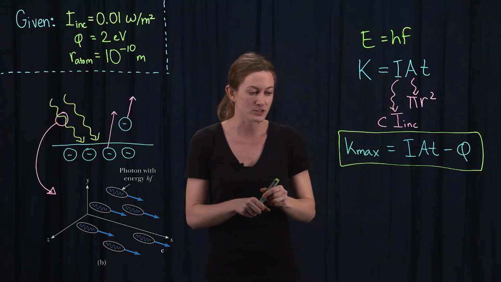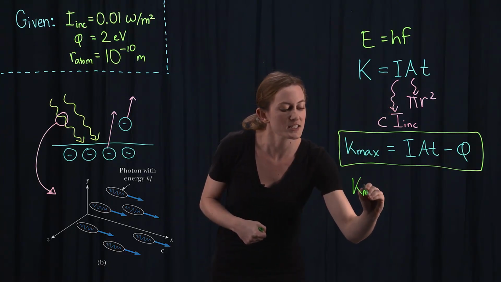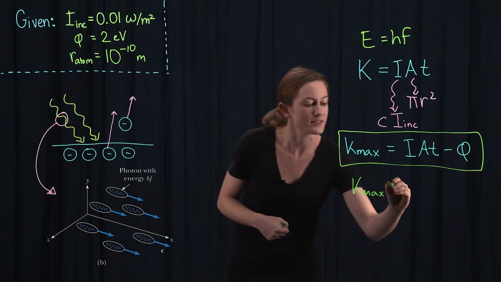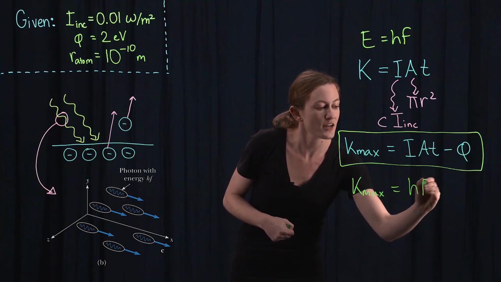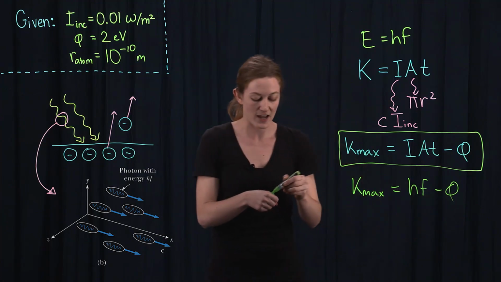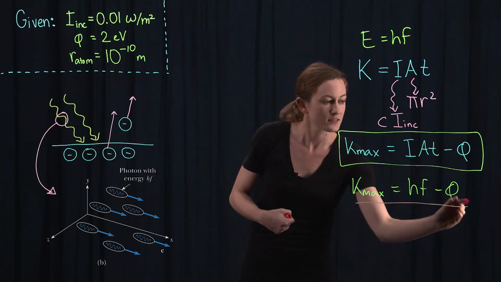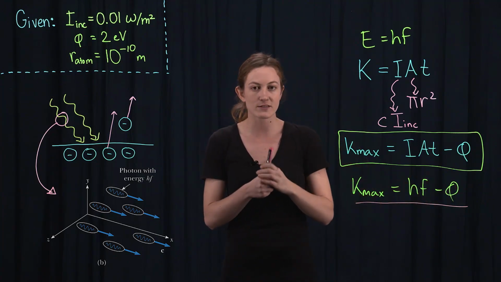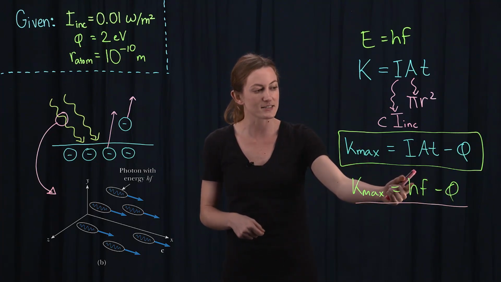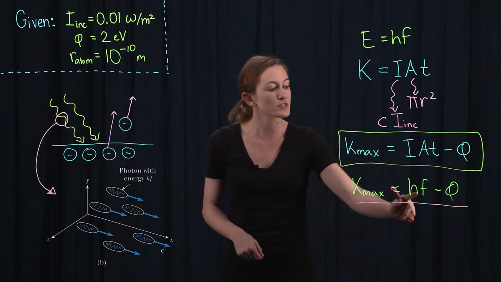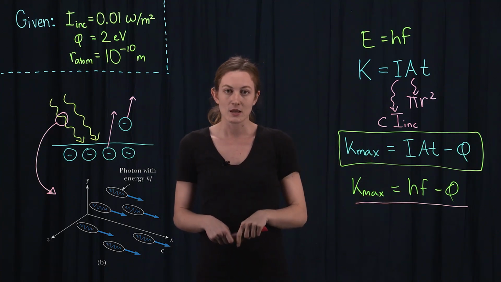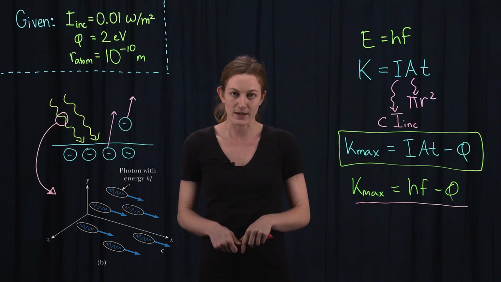And so the correct description for the maximum kinetic energy of the photoelectrons is hf minus phi. So unlike our classical answer, the kinetic energy of the photoelectrons is independent of the intensity and goes up linearly with the light's frequency, both of which have been observed in experiment.